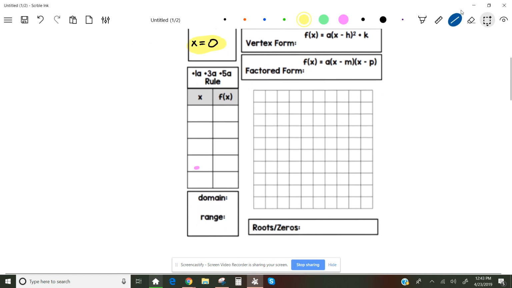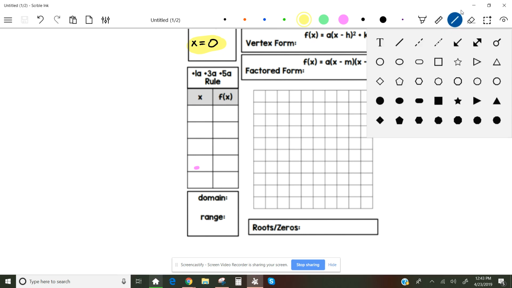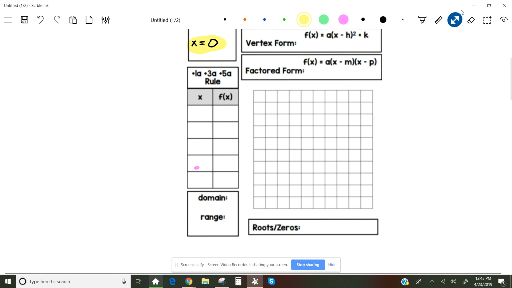So we need to draw our x and our y axis first. This is our y axis, and this is our x axis.